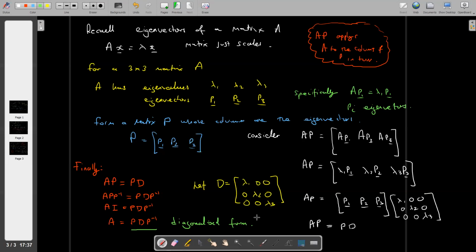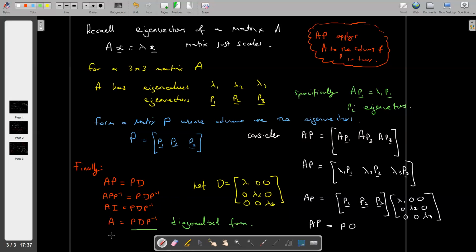I'll do a quick example of this, and then we'll look at some more of the technicalities, as to when it could go wrong. So the diagonalized form of a matrix is PD P inverse, where P is the matrix of eigenvectors, D is the diagonal matrix of eigenvalues, and P inverse is the inverse of P.